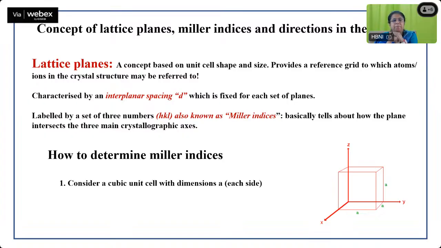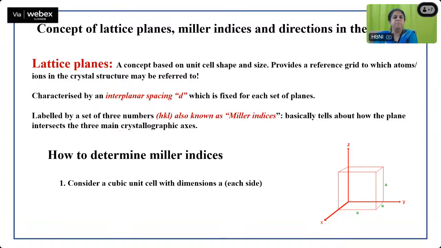We also have to be able to identify them, and they are characterized by a set of 3 numbers called hkl, also known as Miller indices. Miller indices basically say how your plane intersects the 3 main crystallographic axes, which are x, y, and z.